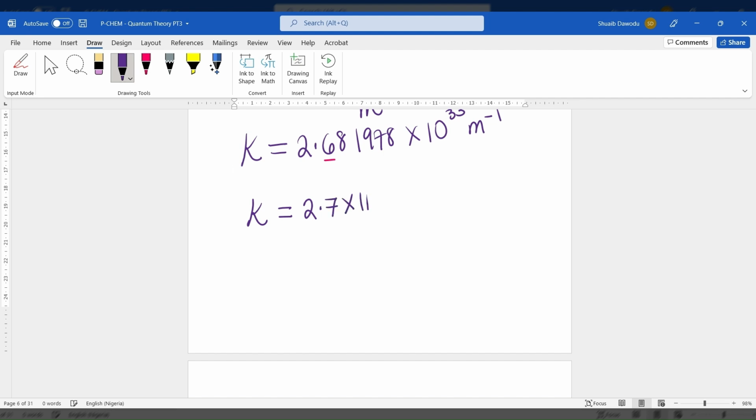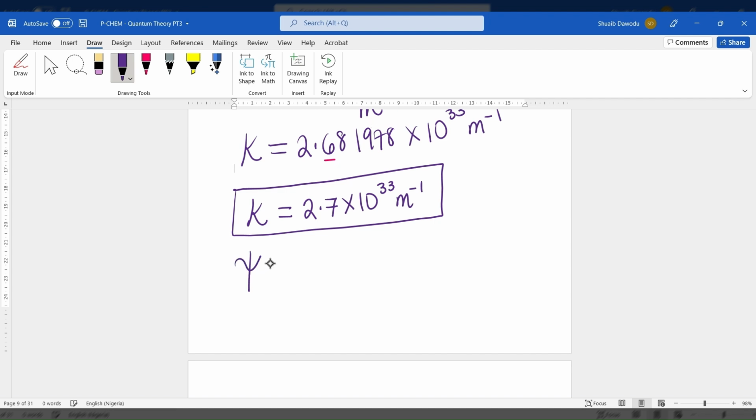So k is equal to 2.7 times 10 raised to the power of 33 meters raised to the power of negative 1. That is basically the value for k. So the wave function is simply going to be e raised to the power of negative i k x, where i is the imaginary number, k is 2.7 times 10 raised to the power of 33 meters raised to the power of negative 1, and then there's x.